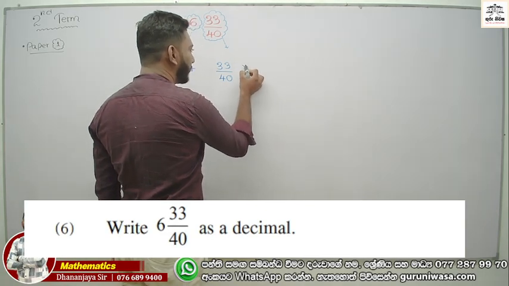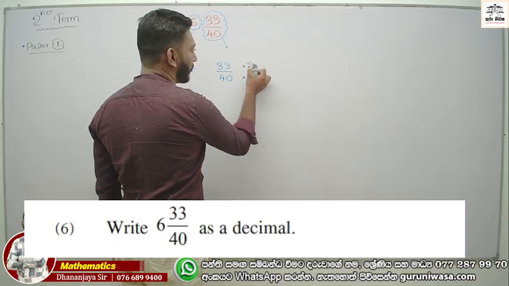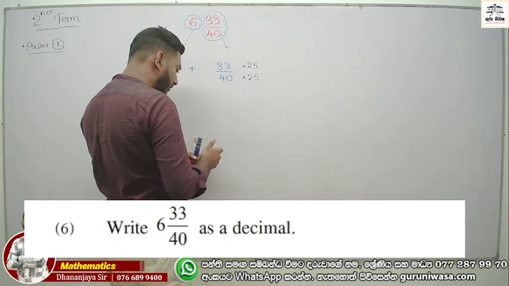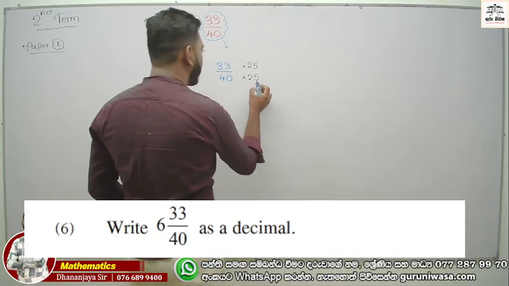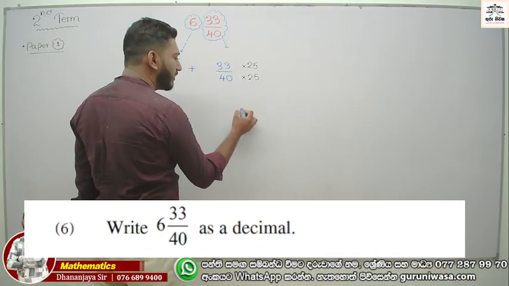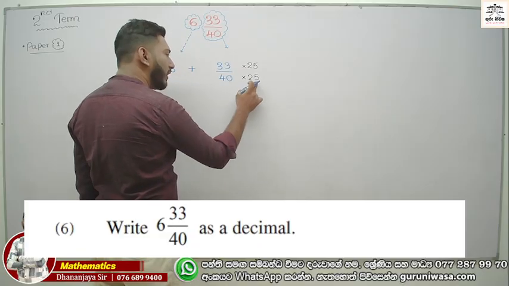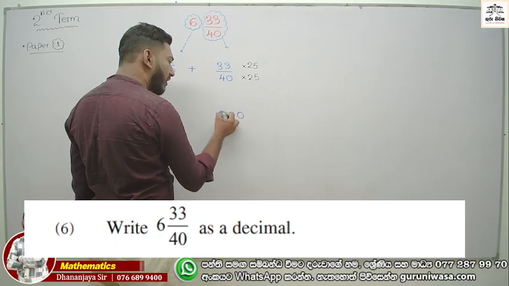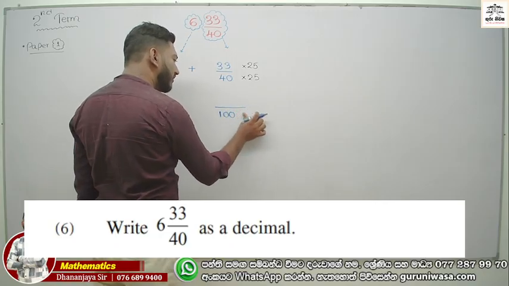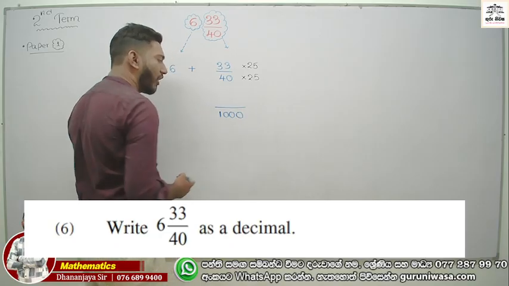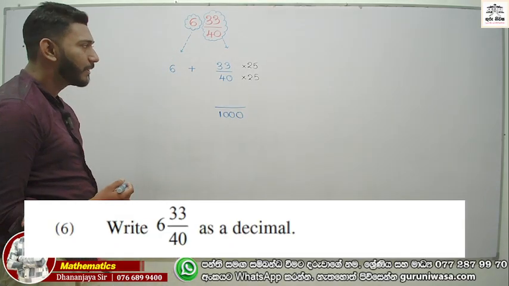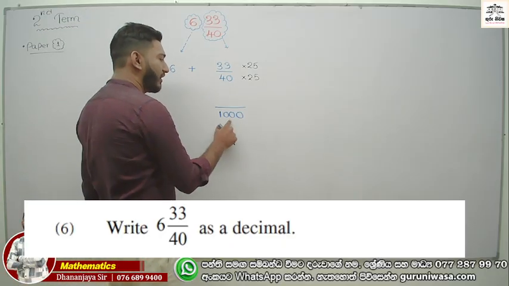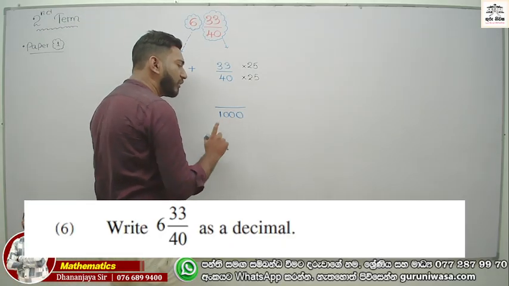Now look at this. 25 times 0 should be 0. 25 times 4 is 100. Now look at this. Now our denominator changes to 100. Put the 0, then the answer becomes 1000.